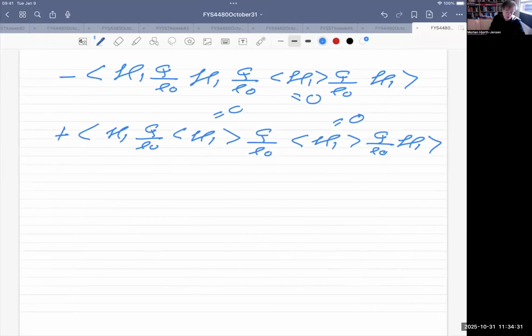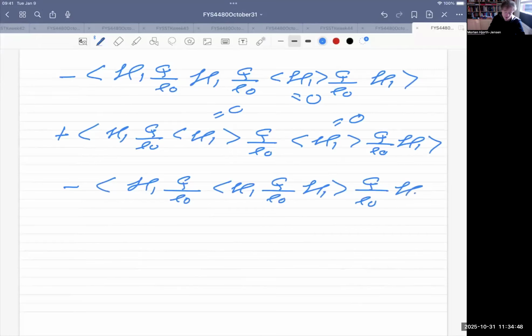But then there's a final term which goes like minus h_I of q of E0 of h_I, q E0, h_I. And then I have q E0 of h_I. Now, this term here is something which we calculated to second order, and that is simply given by lambda squared divided by epsilon 1 minus epsilon 2.